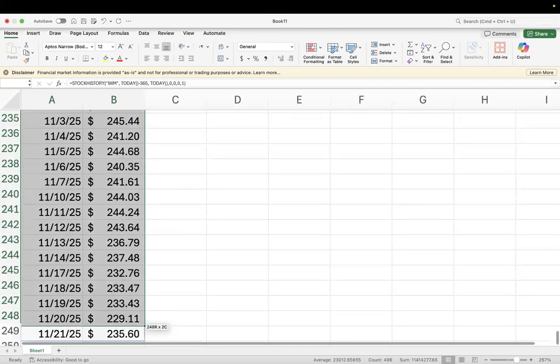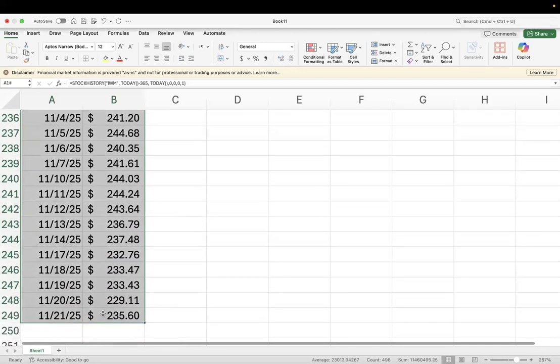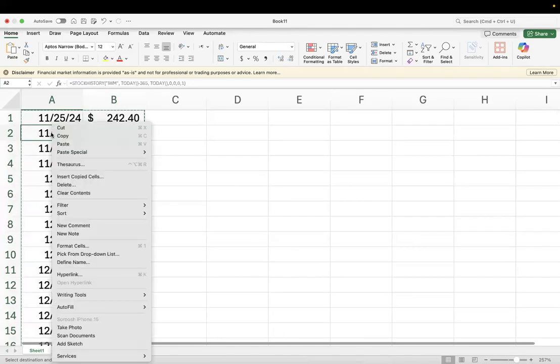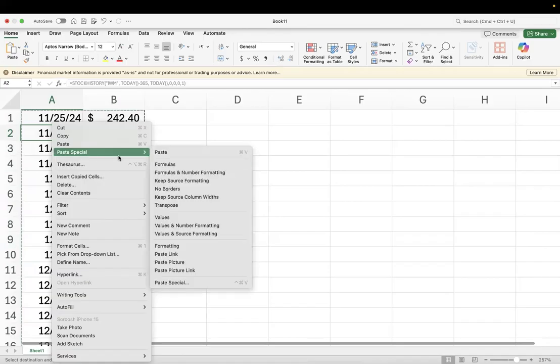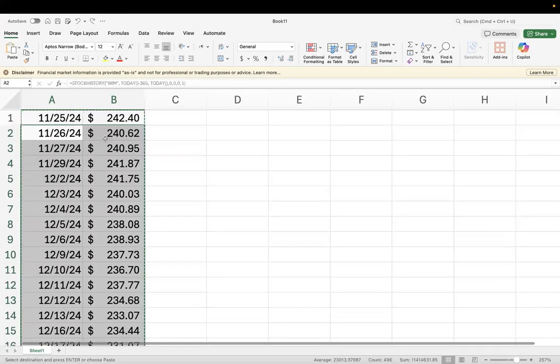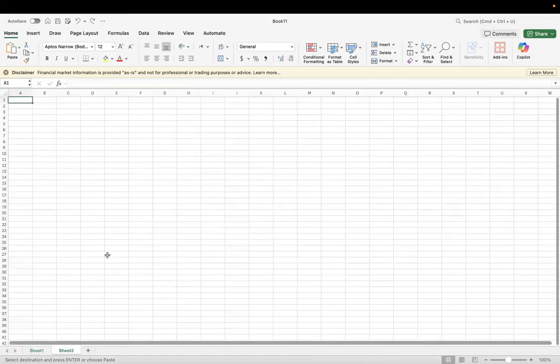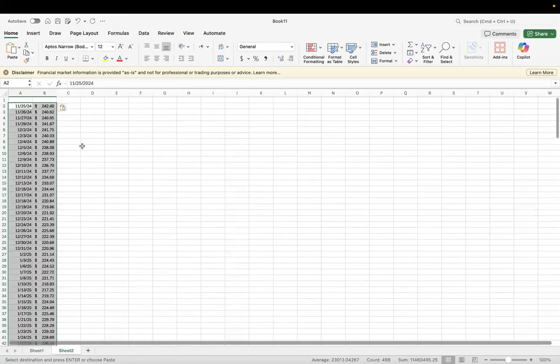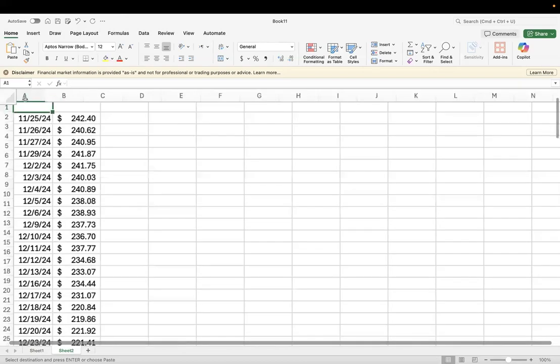Let me just copy all of this and then paste them here. I'm going to paste them as values, paste special values, and oops, it didn't paste them as values. If I just copy everything, go here, and then paste special values. Okay, and I can just give these columns names.